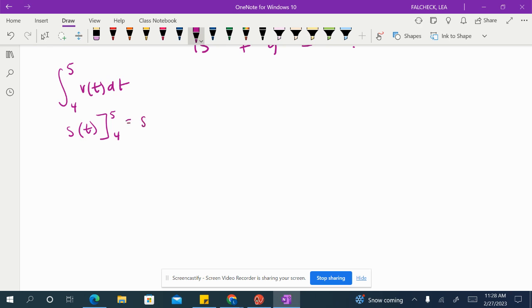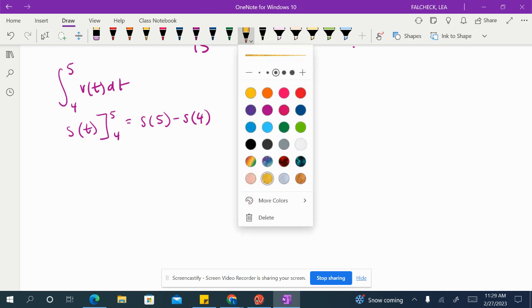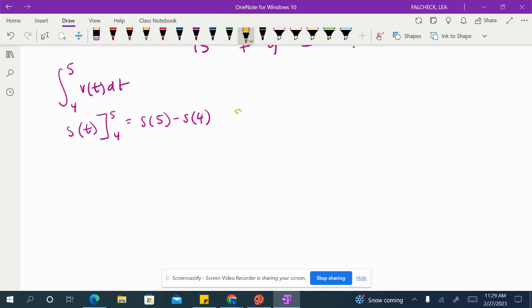So this would be s of 5 minus s of 4. S of 5. Let's think about it. Where have we seen s of 5 before? Oh, yes. In the beginning, they told us that s of 5 is equal to s of 2. So let's use that information, right?